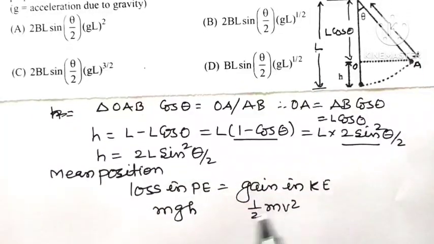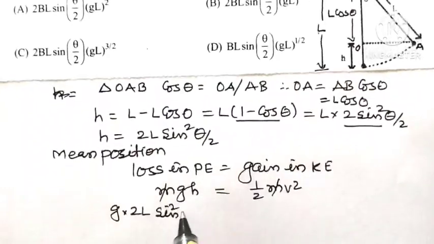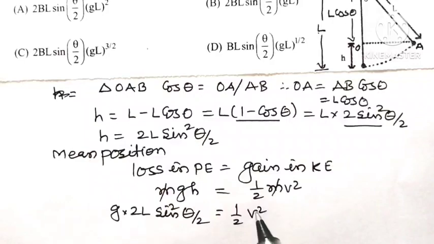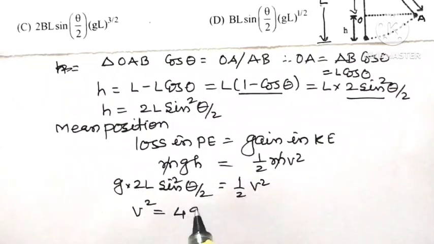The m on both sides gets cancelled, and we replace h by 2L sin square theta by 2, so g into 2L sin square theta by 2 is equal to half v square. Taking the 2 to this side, v square is equal to 4gL sin square theta by 2.